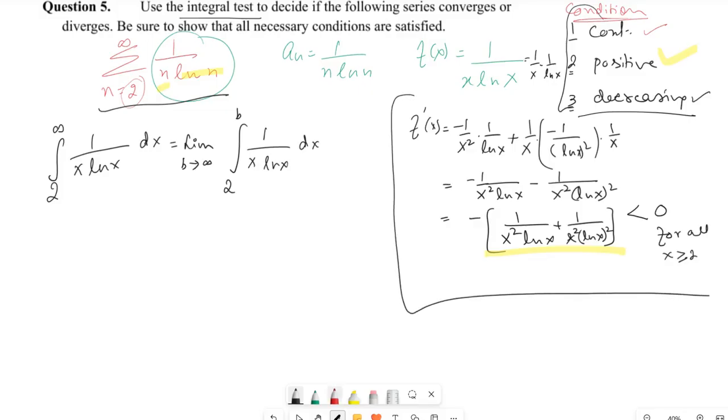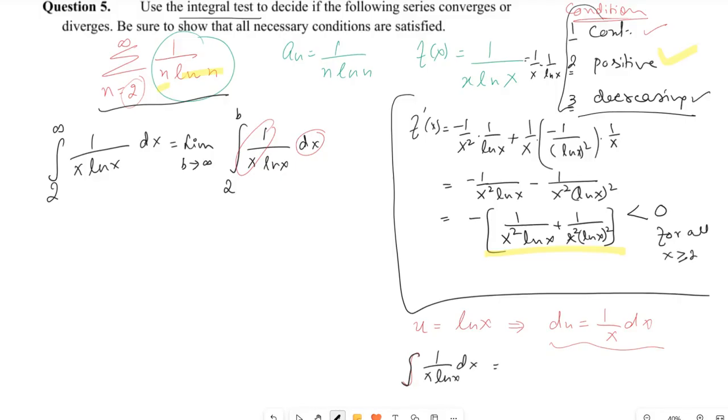To solve that integral, I'll have to do some substitution. I'm going to say u is equal to natural log of x. That means du would be equal to 1 by x dx. The 1 by x dx was already in the question. That actually gave me the clue. So the integral of 1 by x log x dx looks like 1 by u, and 1 by x dx becomes du.